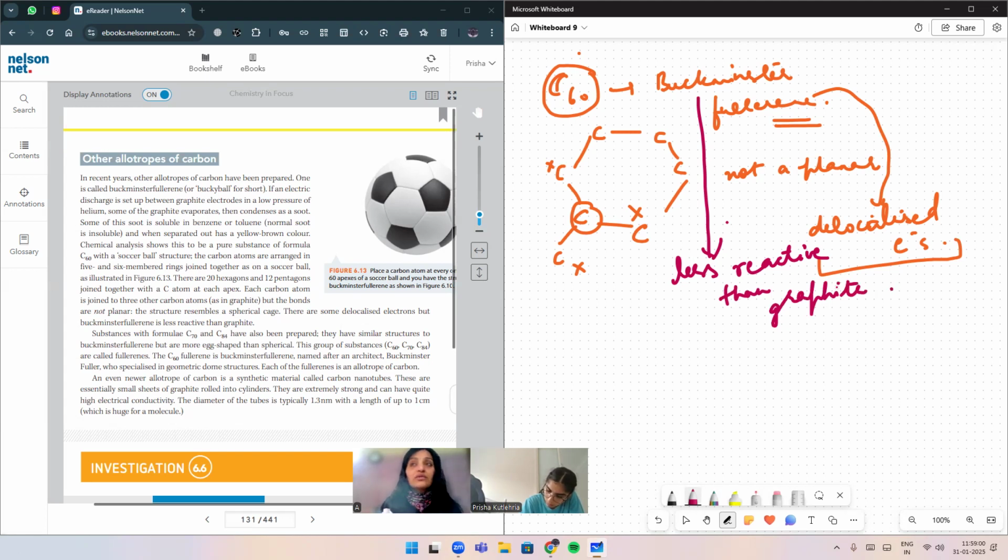Okay. So another fullerene which we have is C70. That means it has got 70 carbon atoms attached in one molecule. And another one is C84. So what happens is, when we have two graphite electrodes and we set up an electric circuit, and electric discharge is passed, but we take helium gas at a low pressure, the graphite starts evaporating.